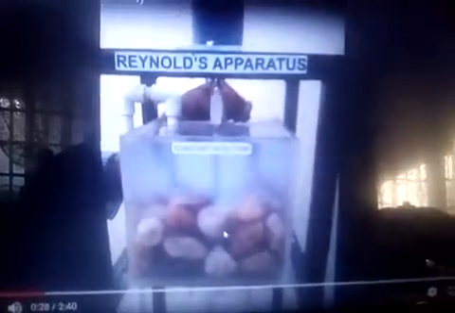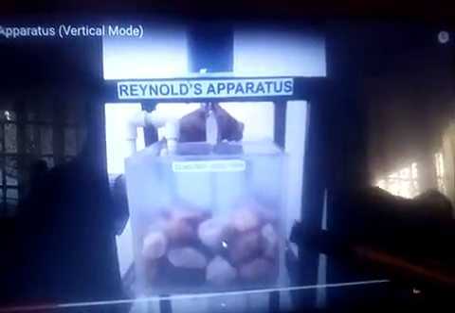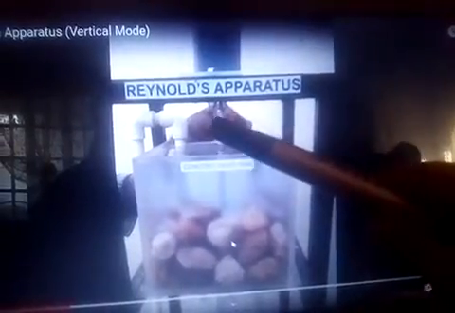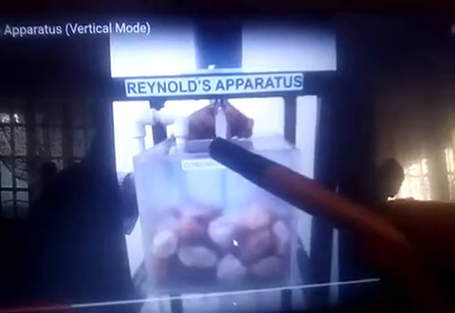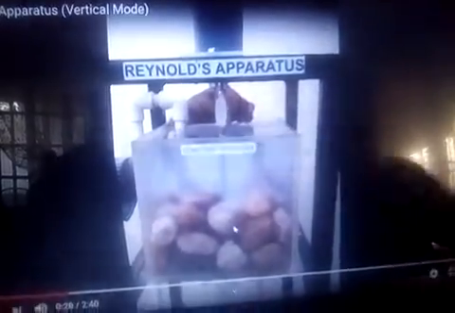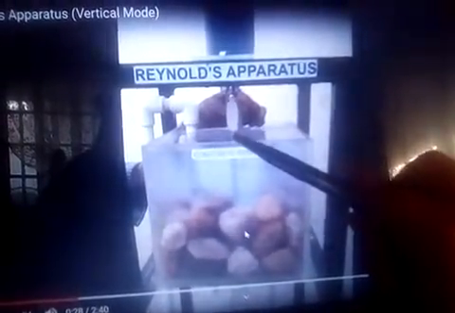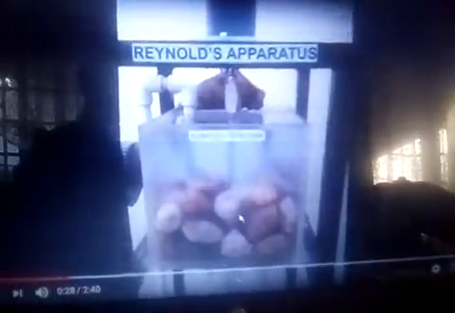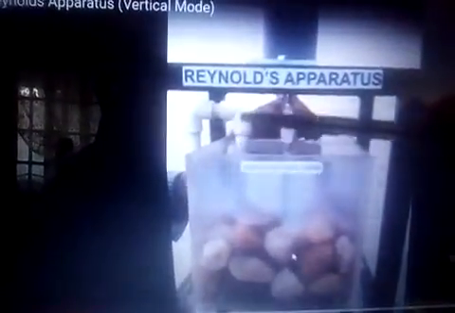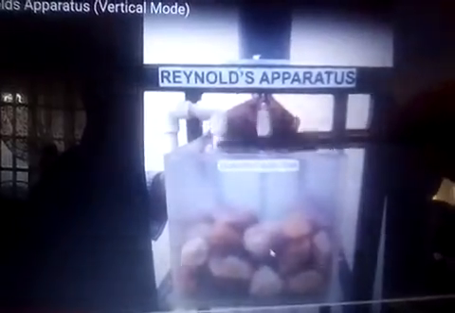Mapapansin nyo, dun sa picture kanina ng apparatus, ang ginamit kasi nila dun is marbles. Dito, ang ginamit is yung mga bato. As you can see, itong part na to, ito yung tinatawag nating dye reservoir. Itong part na to, ito naman yung dye flow control valve. Tapos itong tube na to, ito yung tinatawag nating overflow pipe.